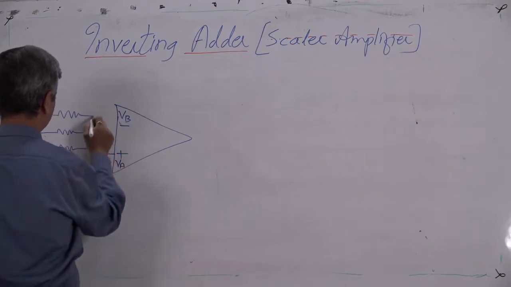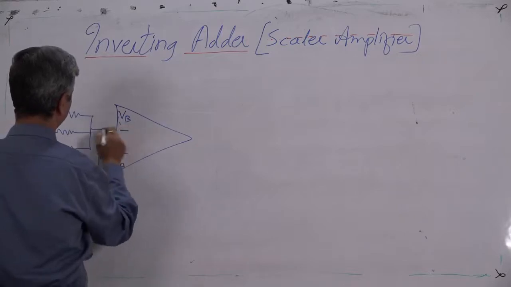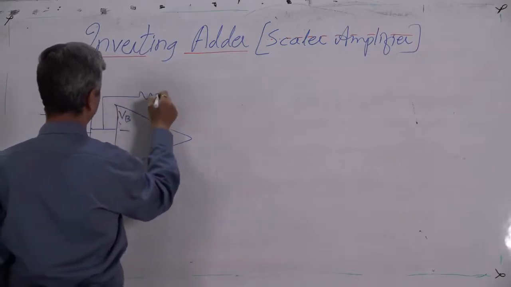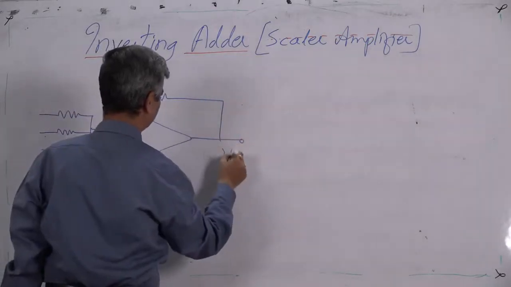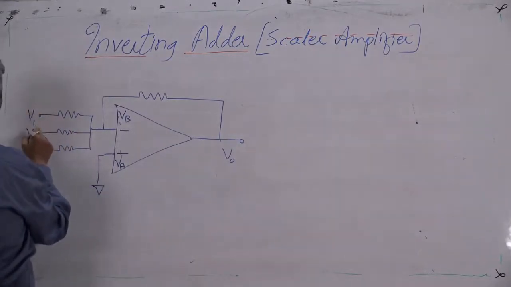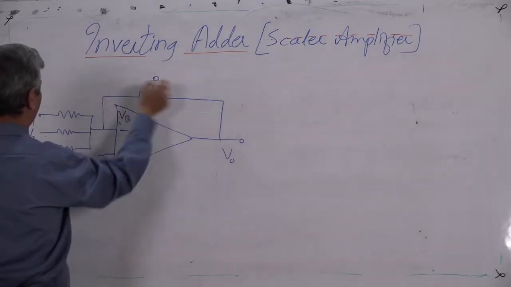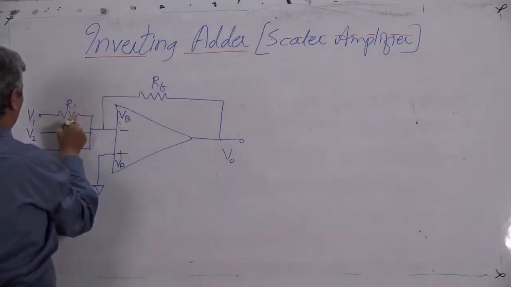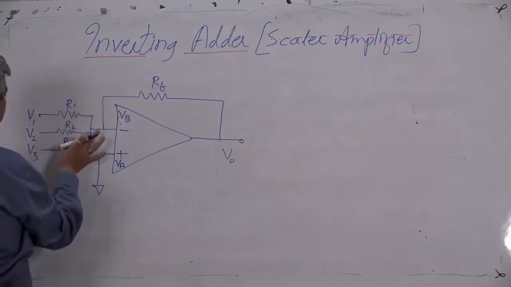Non-inverting is grounded. This is V1, V2, V3, with RF, R1, R2 and R3.